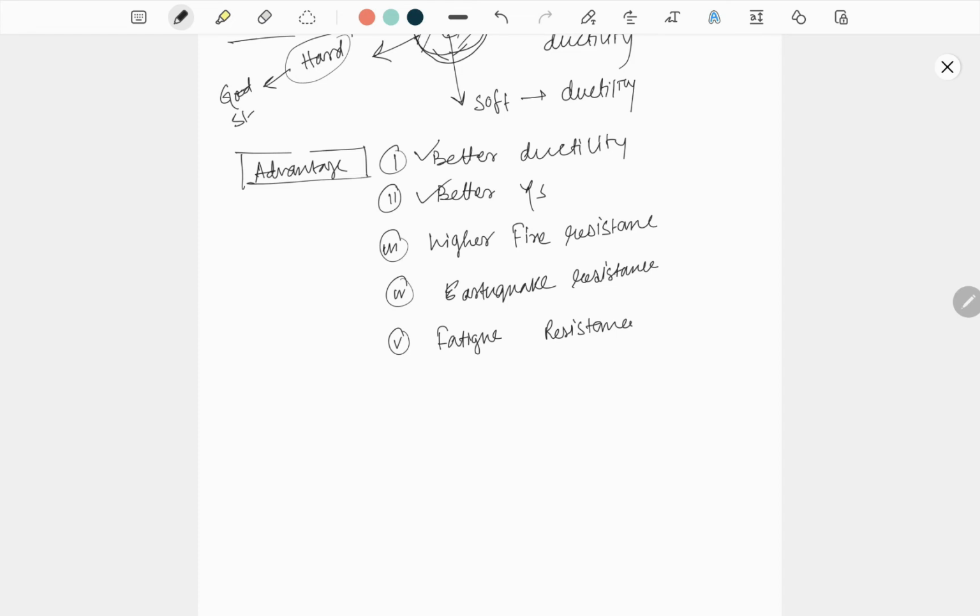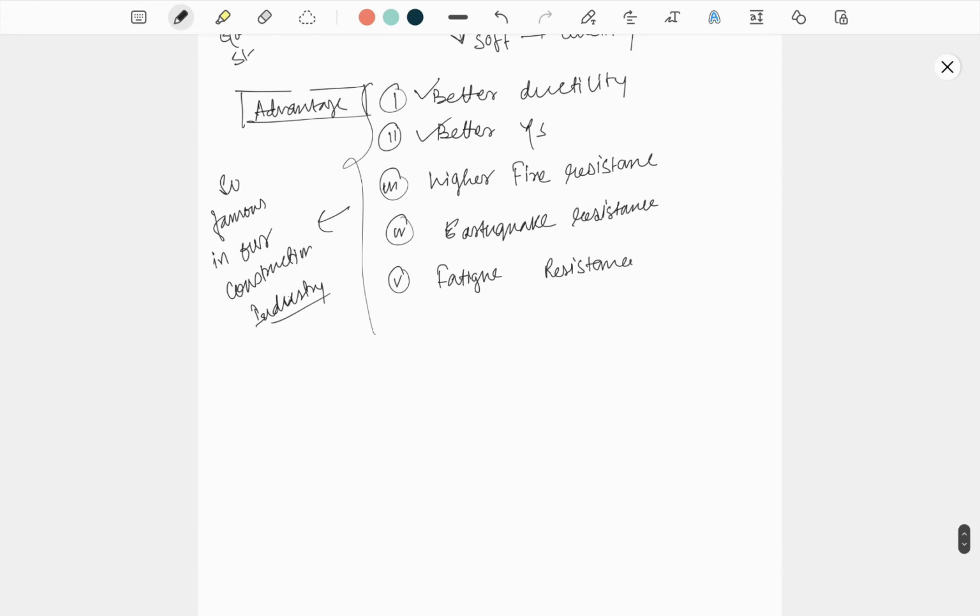So these are the beautiful advantages of TMT bar, and that is why it is so famous in our construction industry.